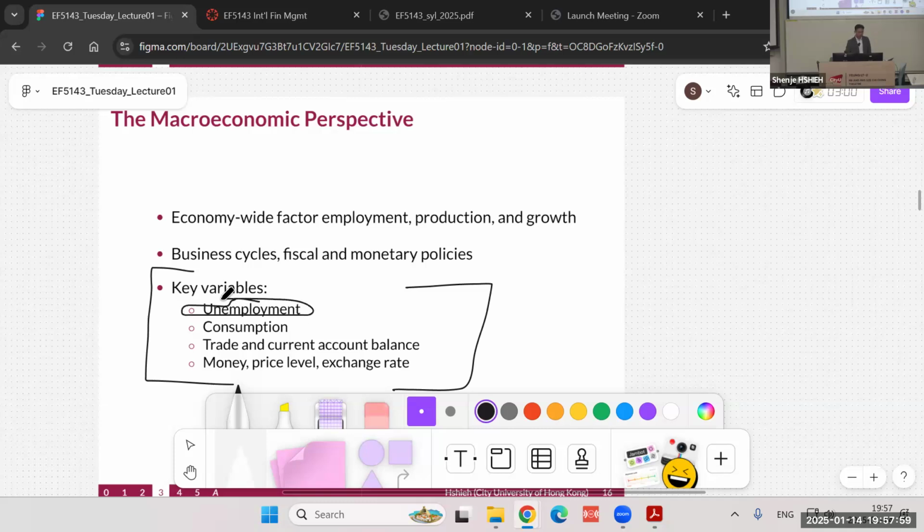Why is unemployment important for income? Because more people employed means more income generated, more spending power, more consumption, etc. Right. So unemployment is a key economic variable that everyone pays attention to, at least in the US. I don't know about China since they're quite opaque, but unemployment is a very important variable to think about.